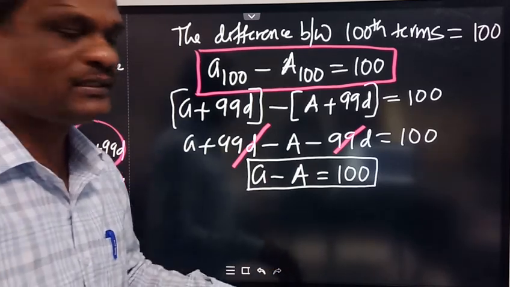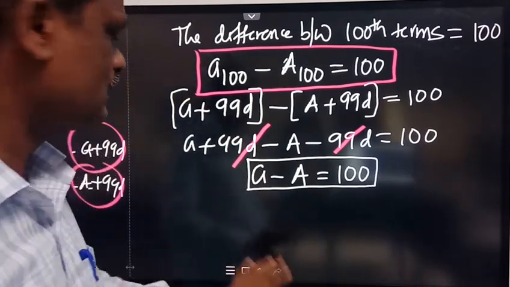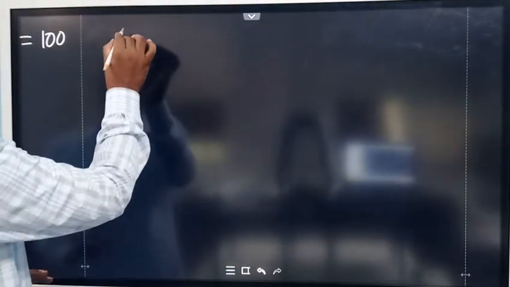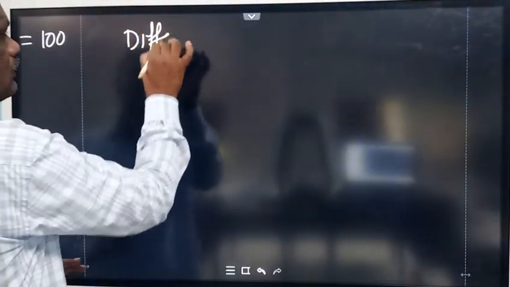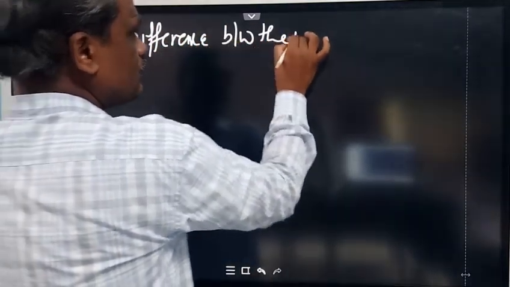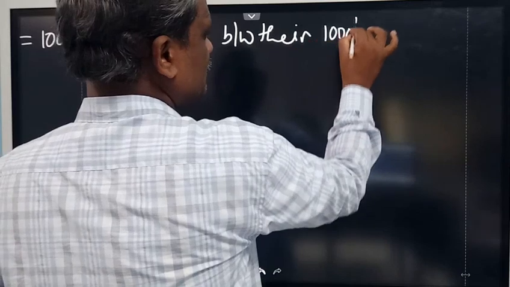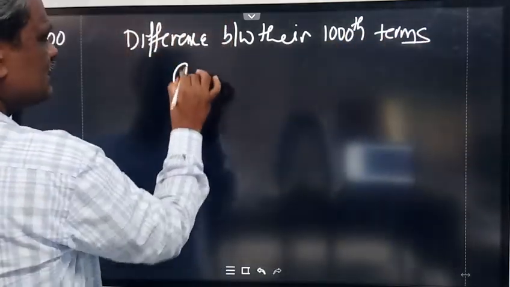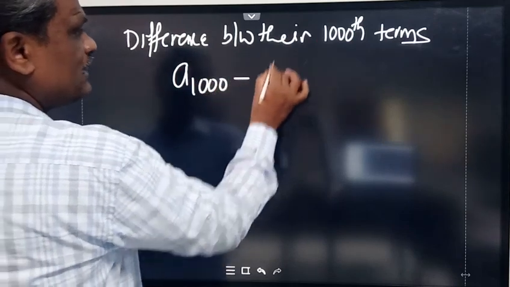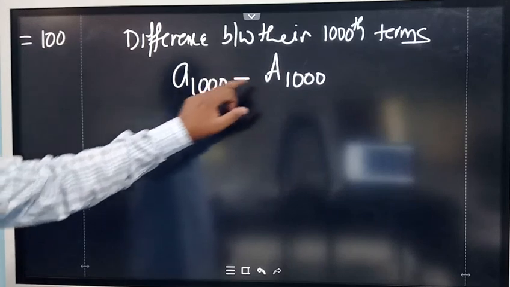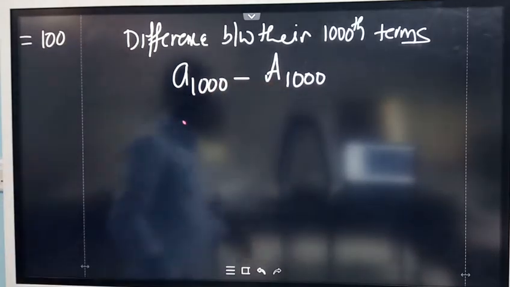Now you can check the difference between their 1000th terms. So what will you get now? Let us write the difference between their 1000th terms. This is a1000 minus A1000, the 1000th term of the first AP minus the 1000th term of the second AP.